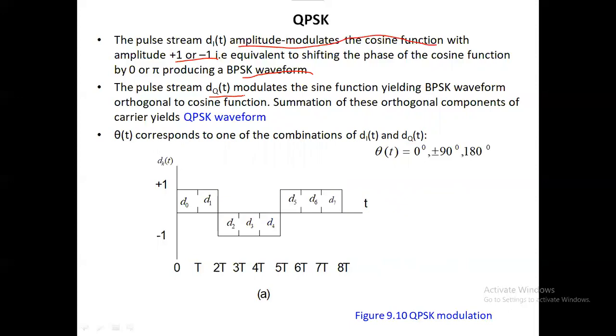So this is in fact the combination of dI and dQ of t. This is the +-1 bit stream, or you can say this is the bipolar encoding we have assigned before transmitting.